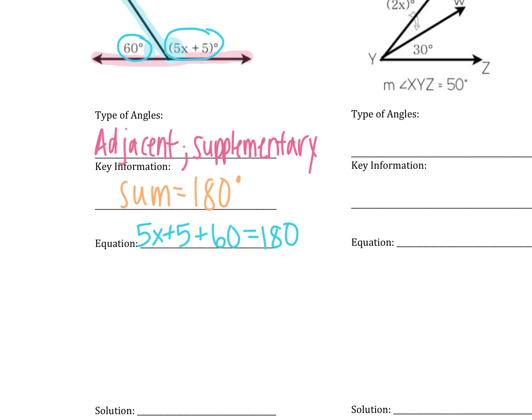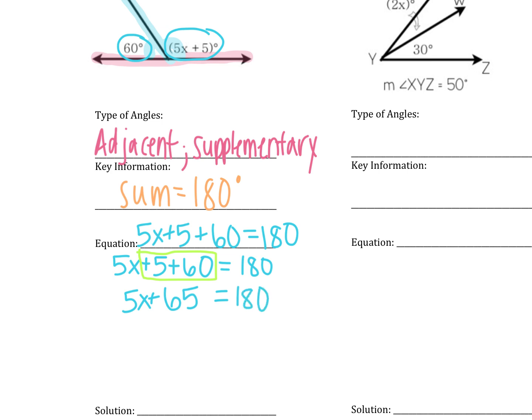But before I begin solving it, I need to combine my like terms, which would be 5 and 60. So positive 5, I'm going to use that addition sign in front of my 5, plus 60 is 65. And then the 5x stays, so 5x plus 65 equals 180.